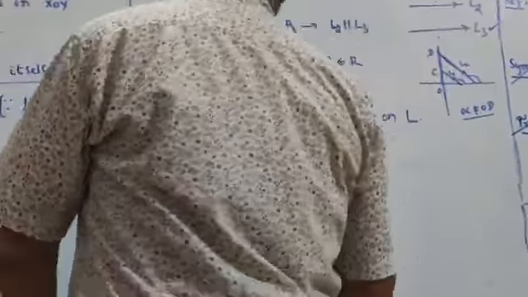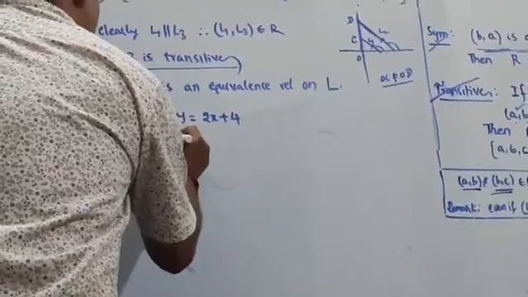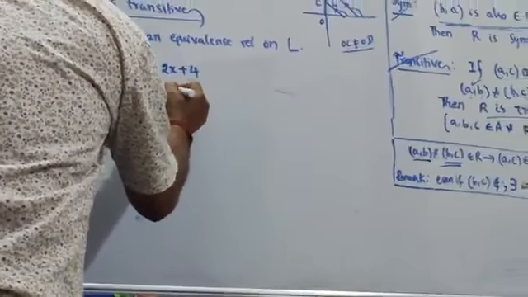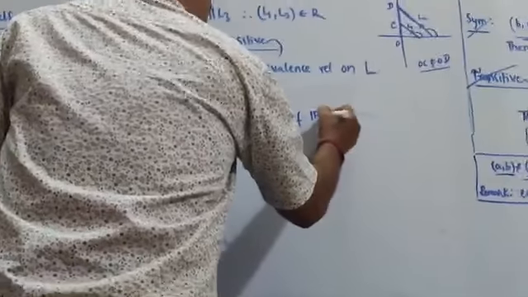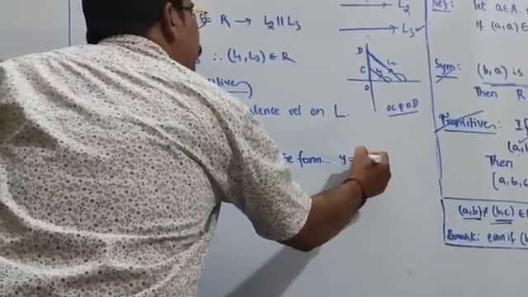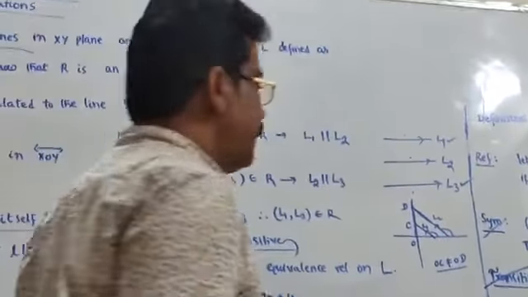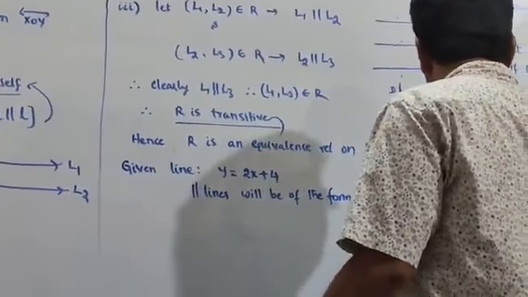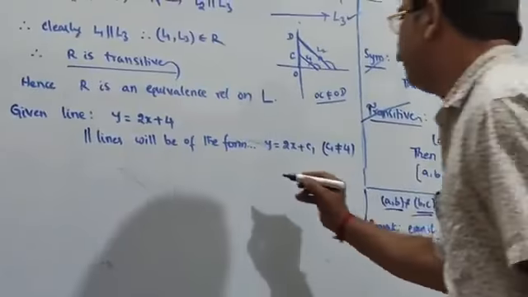So therefore parallel lines will be of the form y equal to 2x plus c1, where c1 is not equal to 4.